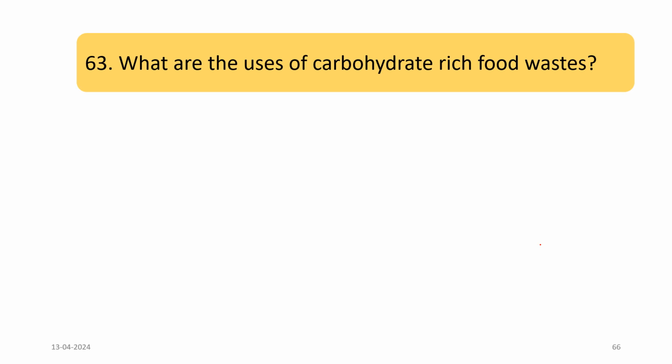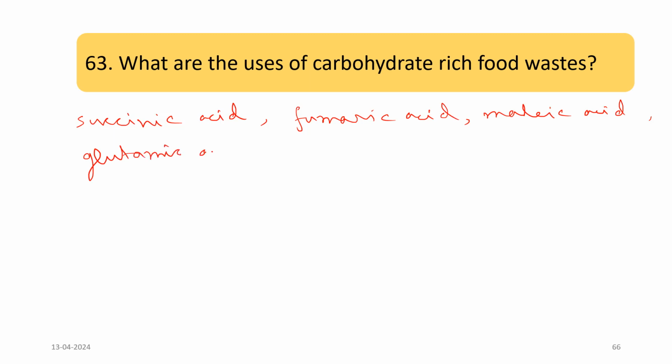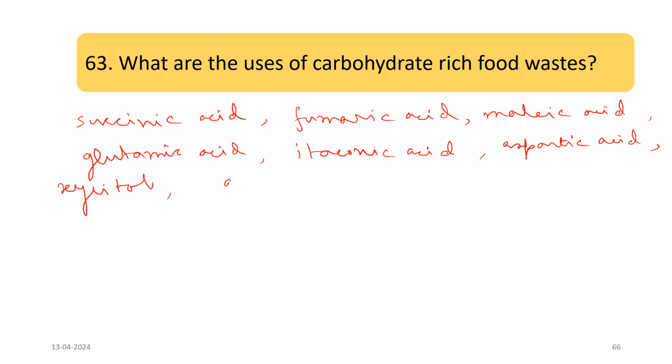So compounds like succinic acid, fumaric acid, malic acid, 3-hydroxypropionic acid, glutamic acid, itaconic acid, aspartic acid, xylitol, arabinitol, etc. can be produced through the bioconversion of glucose, xylose, arabinose, lactose, and sucrose. That means the carbohydrate-rich food waste.